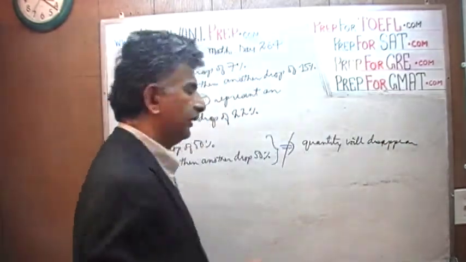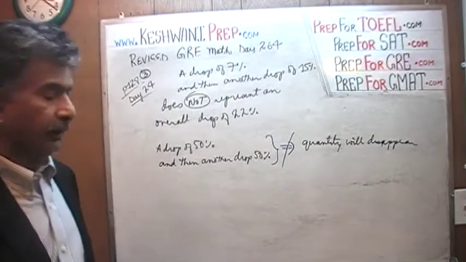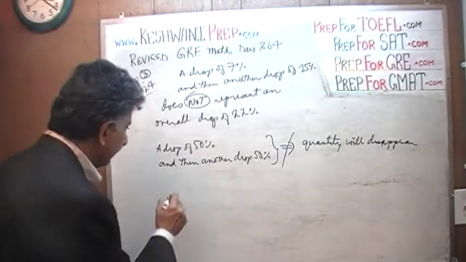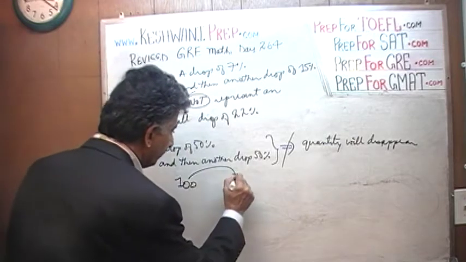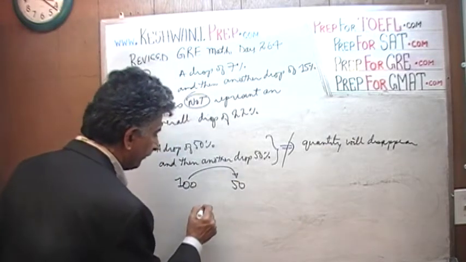The easiest way we can show that is that if we start out with a 100, a drop of 50%, that means that it becomes 50. That's a drop of 50%.